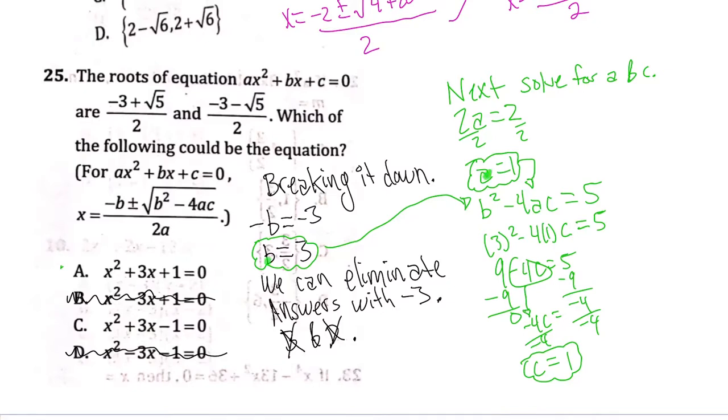So A, B, and C correspond to A, B, and C. Here we were able to cross out -3 and -3 because b is 3. And we see that c is positive, so then we can cross out C. And then the final answer is A.